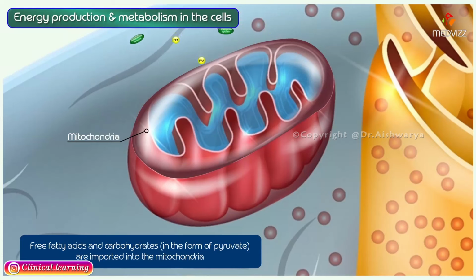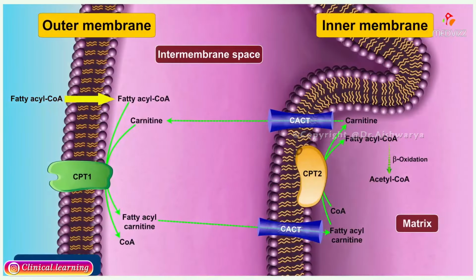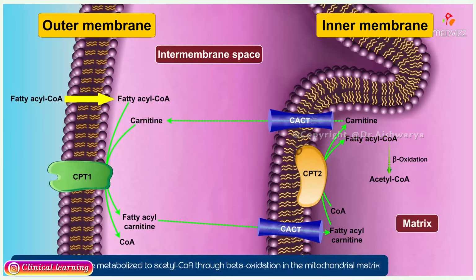Both are imported into the mitochondria, where the fatty acids cross the outer mitochondrial membrane mediated by carnitine palmitoyl transferase 1 and then cross the inner mitochondrial membrane with the help of another transporter called carnitine palmitoyl transferase 2. The free fatty acids are metabolized to acetyl coenzyme A by means of beta oxidation in the mitochondrial matrix.